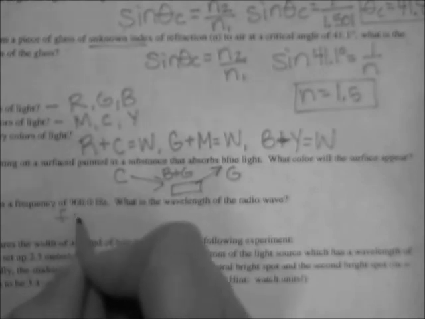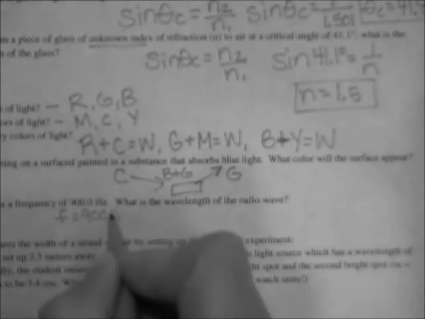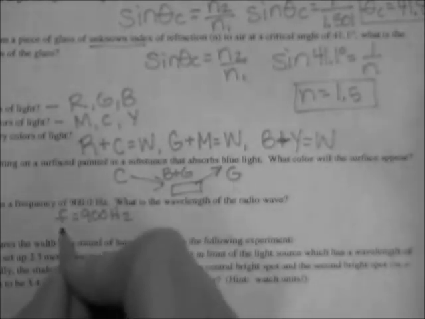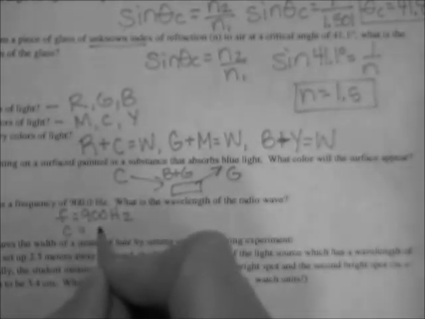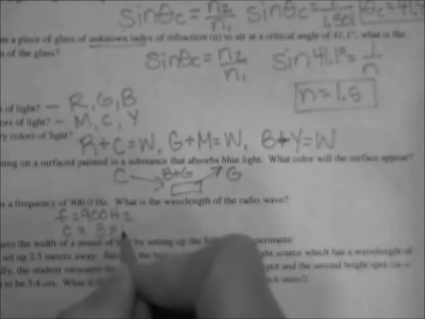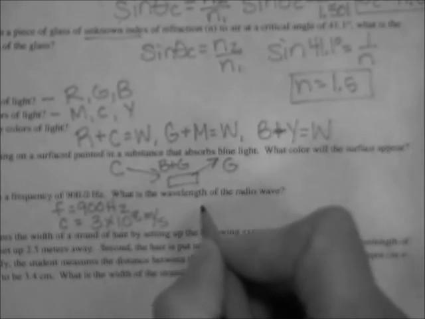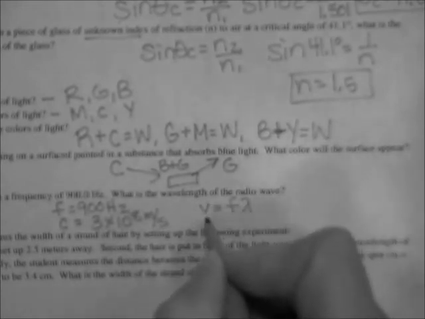Number 8, a radio frequency of 900 hertz. What is its wavelength? And the key to this problem is remembering that a radio wave is an electromagnetic wave, so the speed of light applies here. So we know that the velocity in this case is 3 times 10 to the 8th meters per second. Then we're just using v equals f lambda.